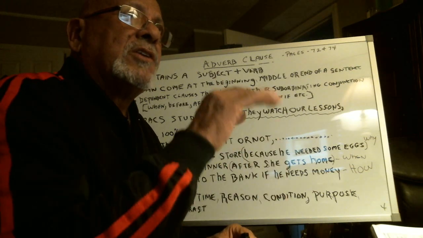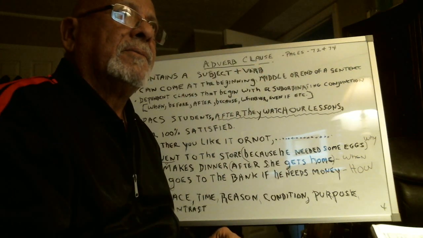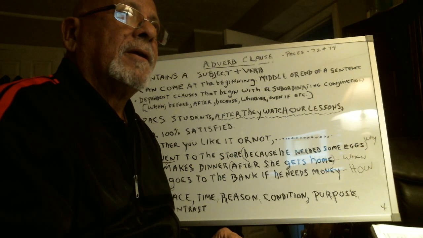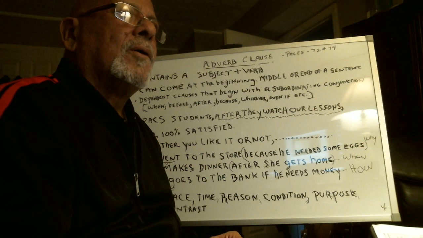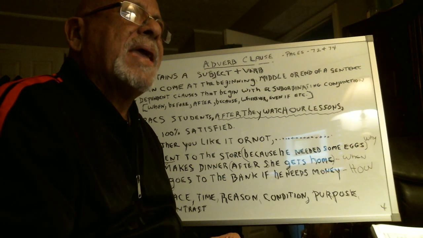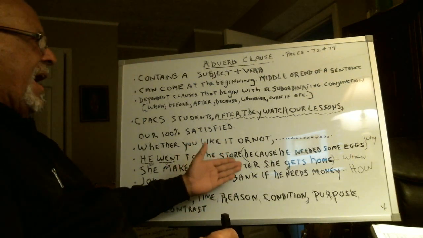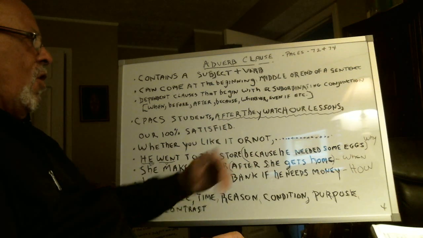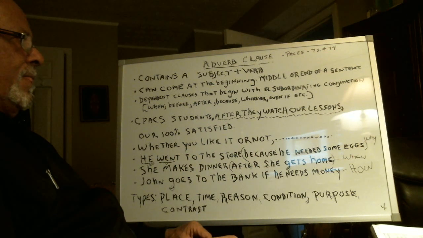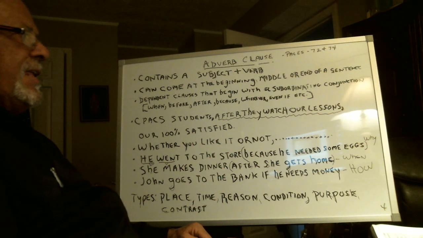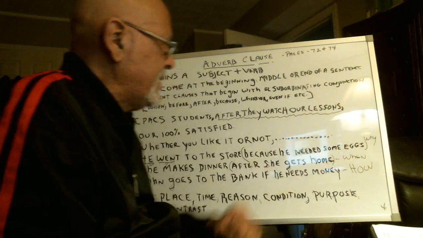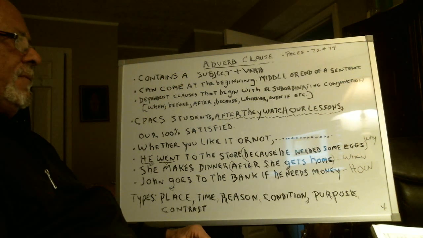So you could have: she makes dinner, period. When does she make dinner? After she gets home. That's your adverb clause. And it asks the question, when did she make dinner?